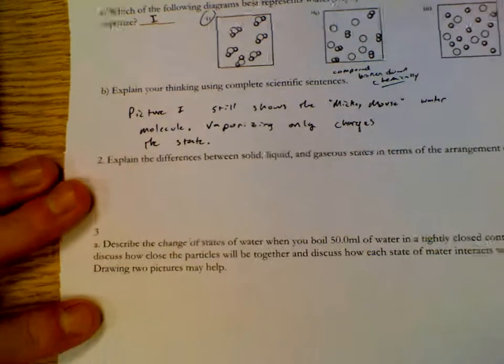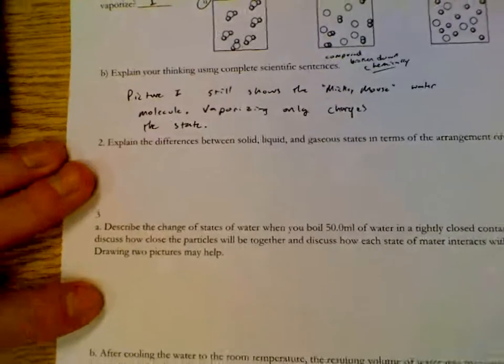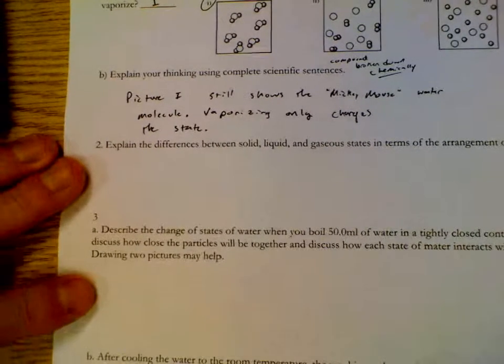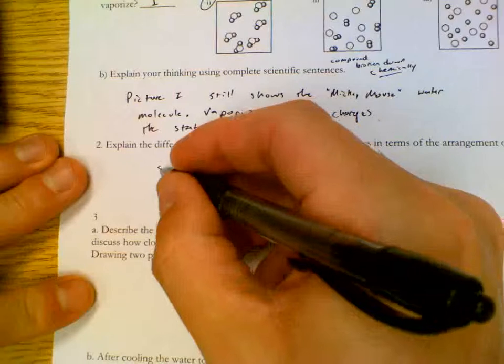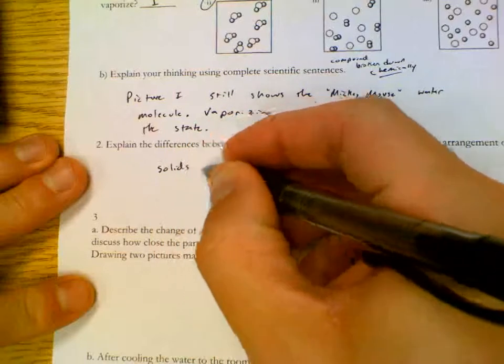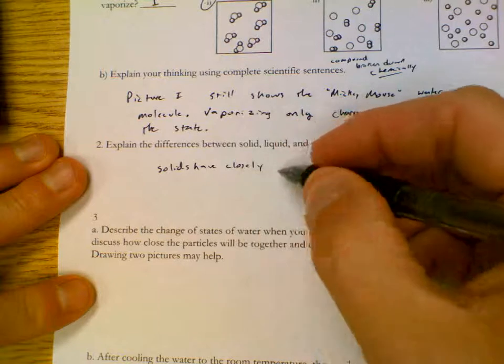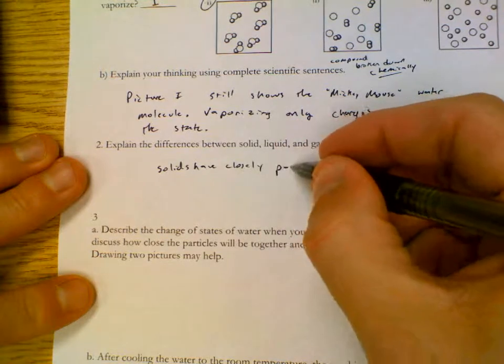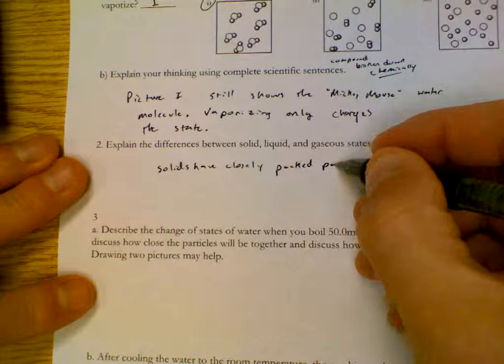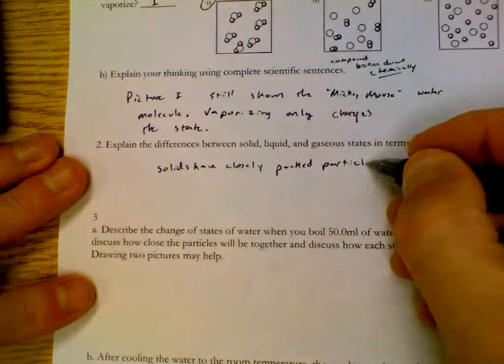Explain the differences between solid, liquid, and gas states in terms of arrangement of the particles. Solids have closely packed particles that are stuck to their neighbors.